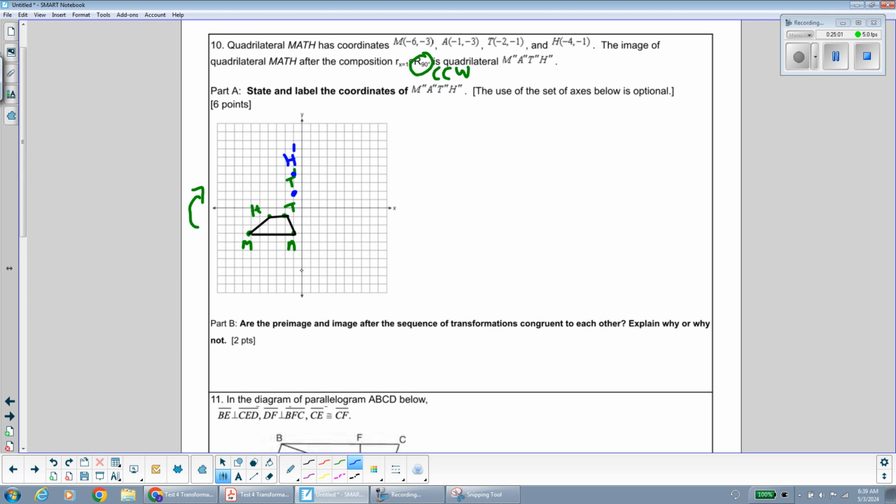Now just 2 more, M and A. And now just to connect it together.